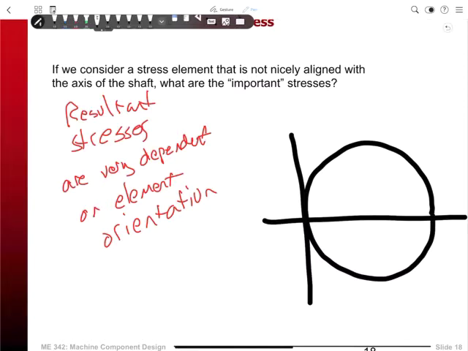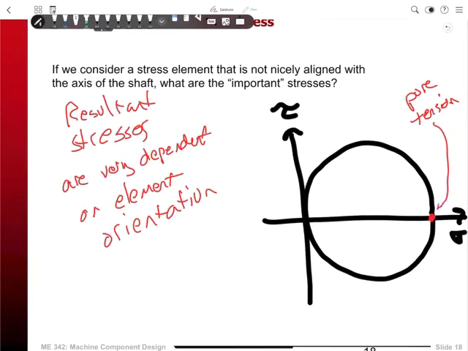okay, let's think about this. On this axis here is sigma, and this axis here is tau. Let's pick a different marker. I'll do this in red again. This spot right here, this is pure tension.